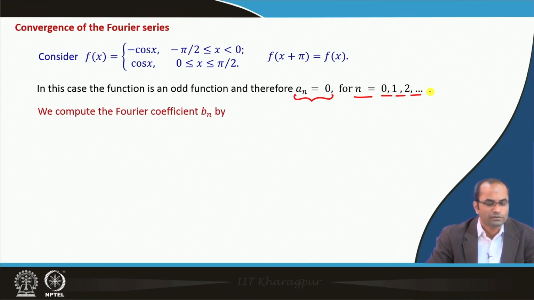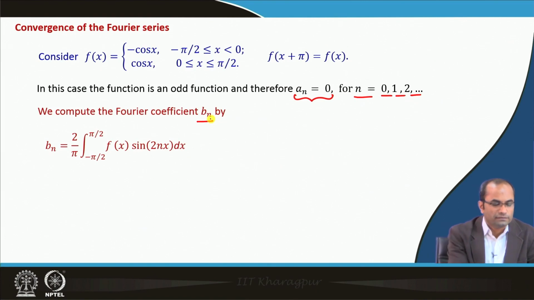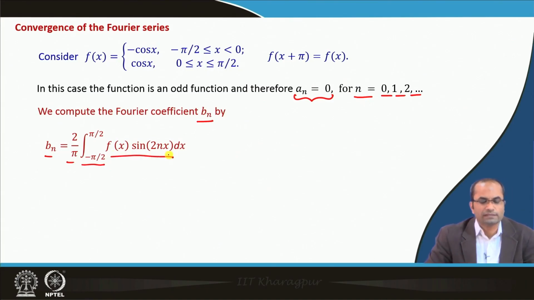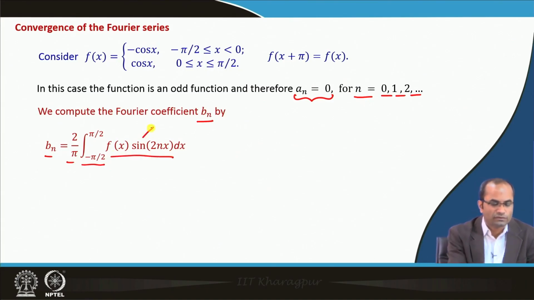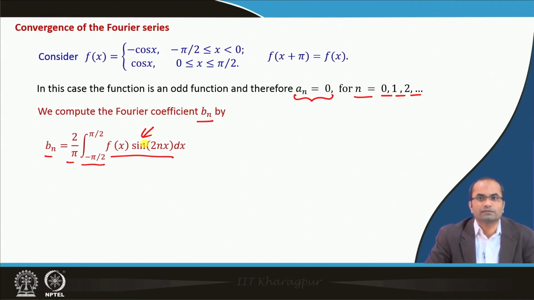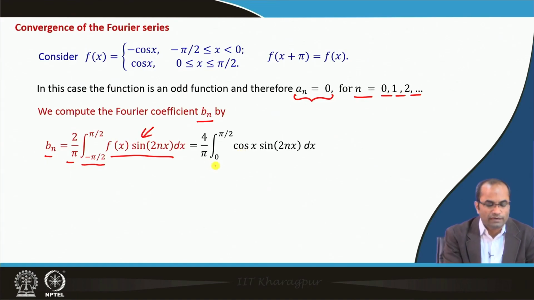Then we can compute the other Fourier coefficients. So, b n, and we can use this formula: 2 over pi, integral from minus pi by 2 to pi by 2 of f x sin 2 n x d x. In a n we had cos, and now we have sin, that is the only difference. So, this again can be computed. This is going to be odd times odd, so even.